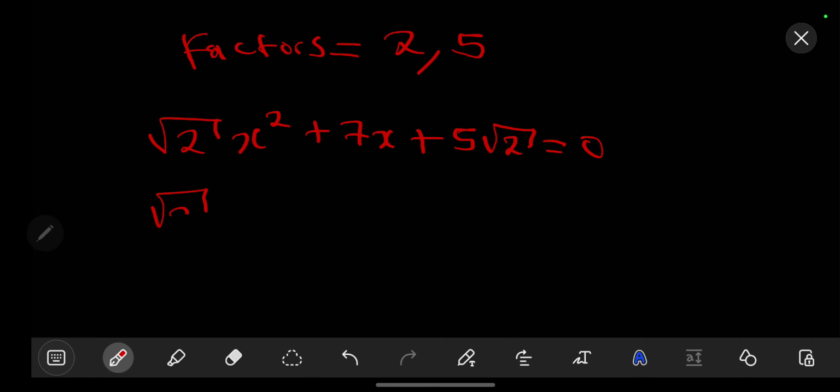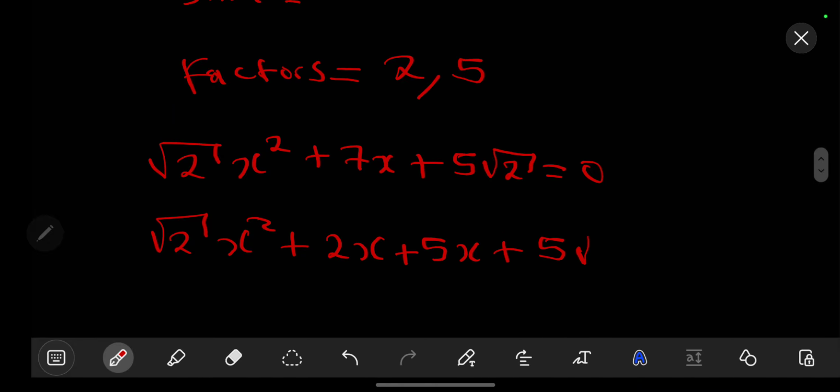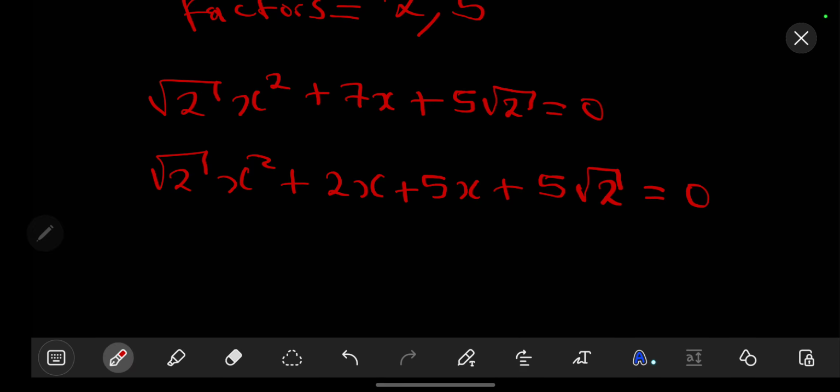We are going to say the square root of 2 x squared, then plus 2x, then plus 5x. We are just replacing. So 2x plus 5x is still 7x. Then we have plus 5 square root of 2 should be equal to 0. So this is the approach.